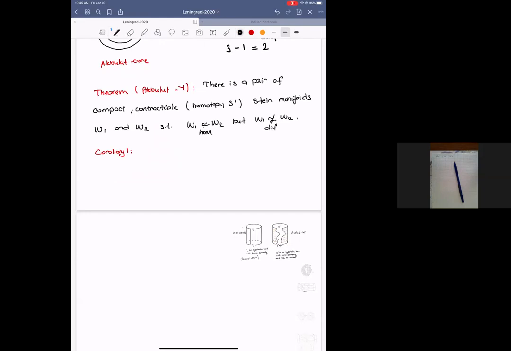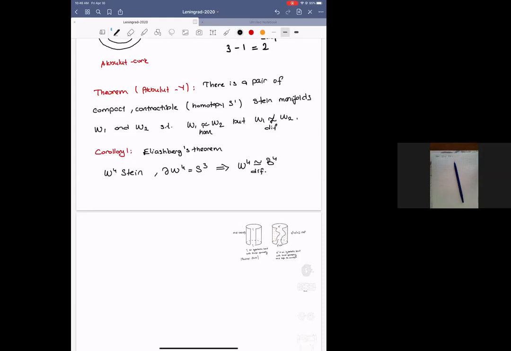If you have a Stein manifold with boundary S3, then that implies this 4-manifold must be B4.